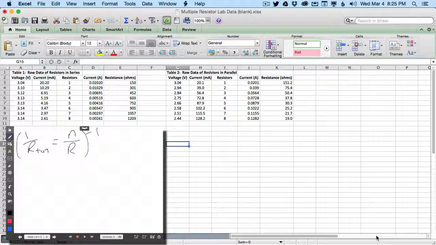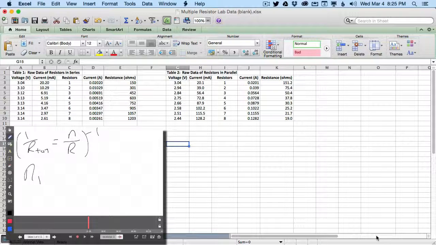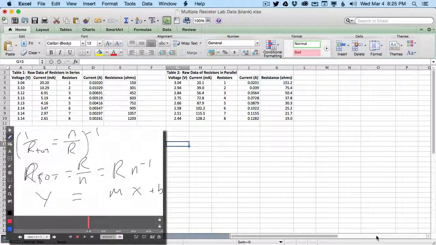And what that'll do is say the total resistance equals R divided by N. And I can further say the total resistance is equal to R times N to the -1. So now I have y equals mx plus b, where b is 0.